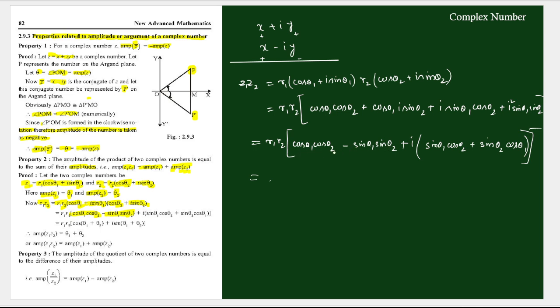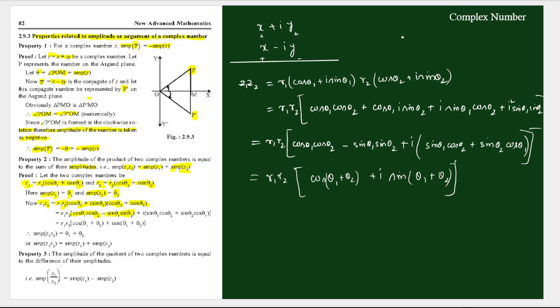So cos theta 1 cos theta 2 minus sin theta 1 sin theta 2, from there comes this formula. So this is nothing but cos (theta 1 + theta 2) plus i sin (theta 1 + theta 2). That is also a formula. Refer to the trigonometric portion of advanced mathematics and you will get it.